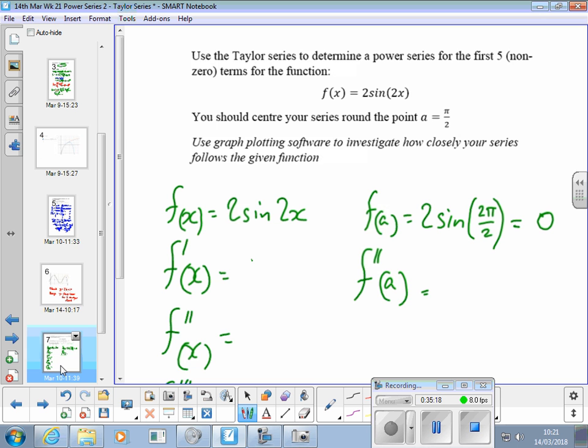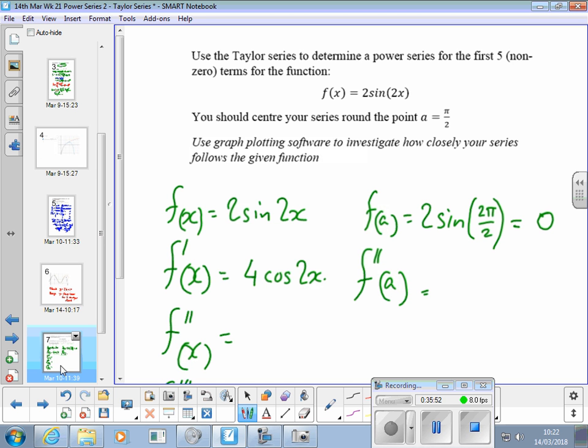First derivative. Four cos 2x. In the entry in the table, the 2 in front of x is the a, isn't it?